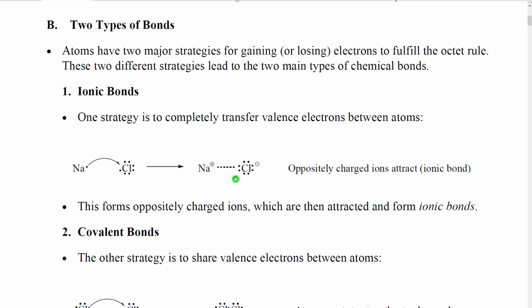Similarly, chlorine, by gaining 1 electron, now has more electrons than it has charges in its nucleus, so it becomes a negatively charged ion. And these two oppositely charged ions then attract to each other. And we call this charge attraction the ionic bond. So we form oppositely charged ions, they're then attracted, and they form ionic bonds.